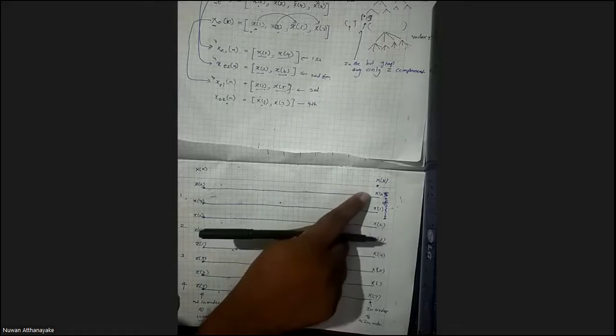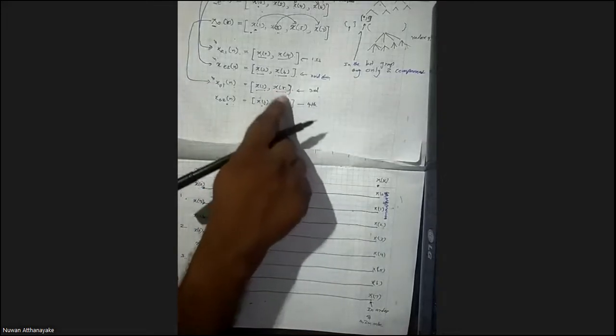Actually, this is decimation in time. When you are doing the decimation in frequency, this side will be in order, but this side will not be in order. But there is a specific order here. So to find that specific order, again, you have to do this grouping.